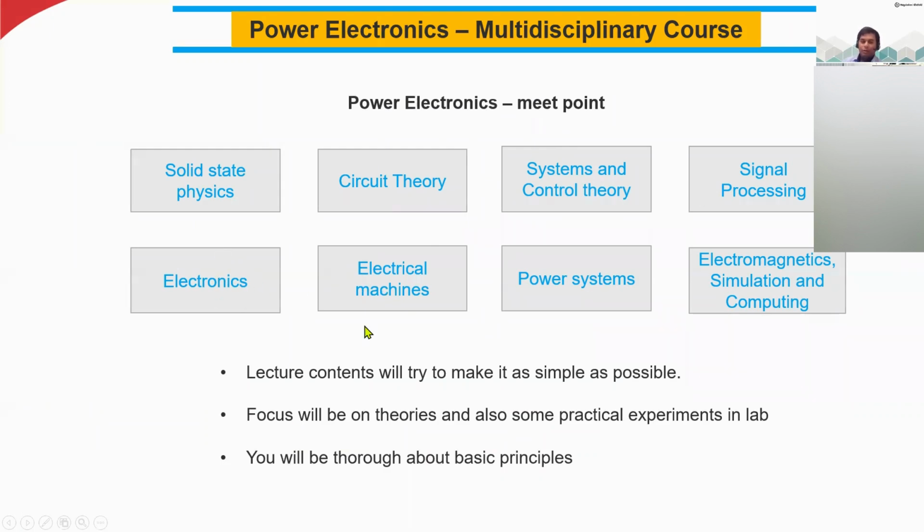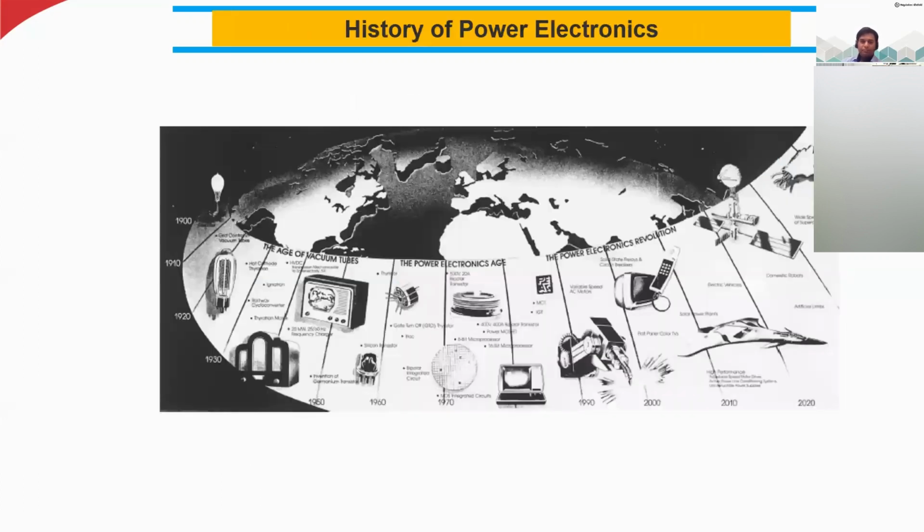And we will also use principles from electrical machines, power systems, EMFT, electromagnetic field theory, simulation and computing. We are going to use all kinds of concepts and principles in this course. I will try to make lecture contents as simple as possible for you to understand. The focus will be on theories and also some practical experiments in the lab.